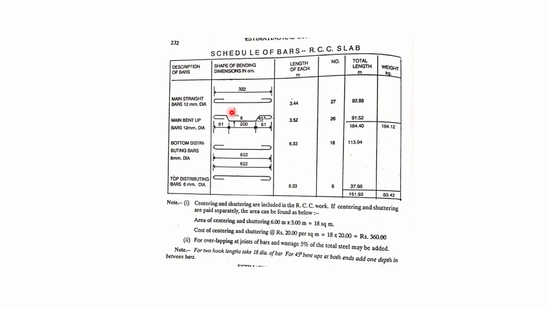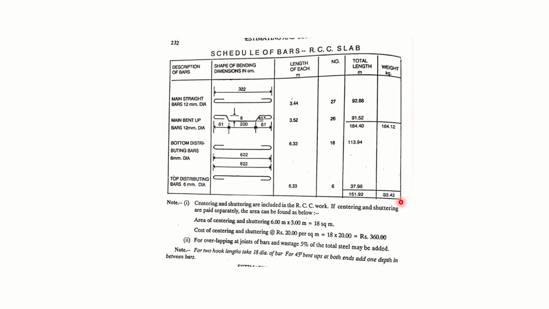Shape of bending, this is straight, so just the hooks and the straight bar. It's a bent up bar, then again these are the straight bars. Length of each, then total number, and the total length, it gives the total weight also. So this is how a schedule of bar is made for RCC slab.